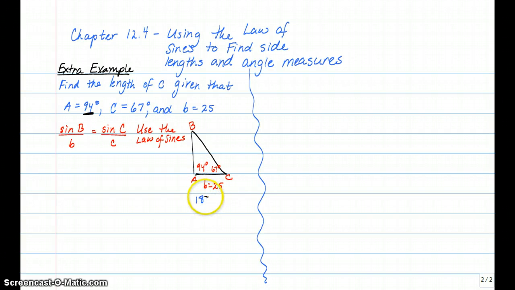And we take that away from 180 degrees, which is the measure of the three interior angles of a triangle. And that's going to give us 19 degrees. So angle B is 19 degrees.